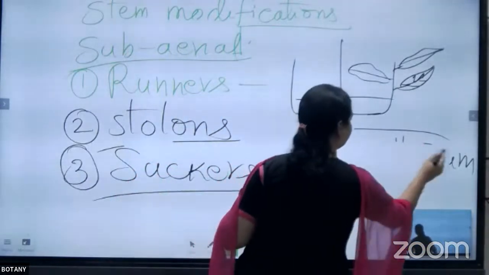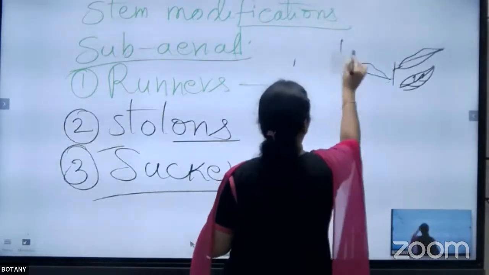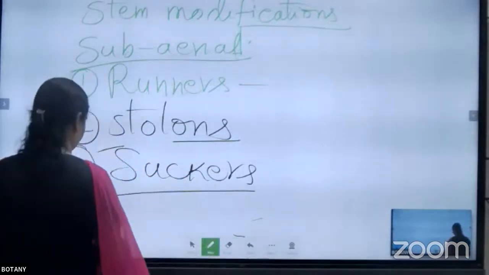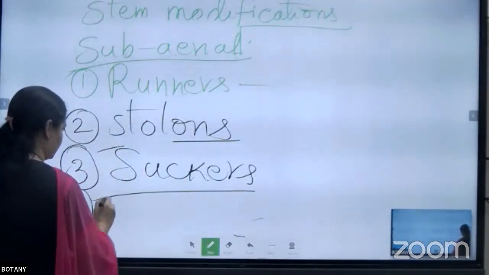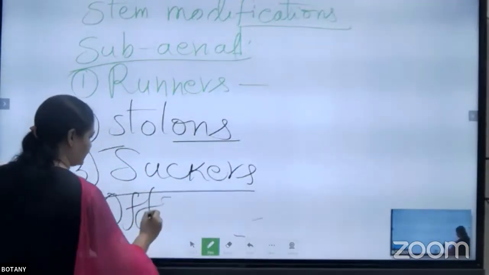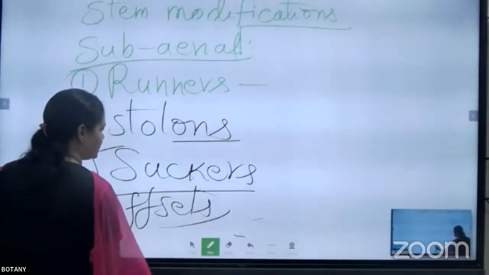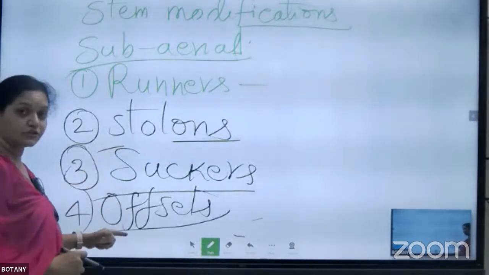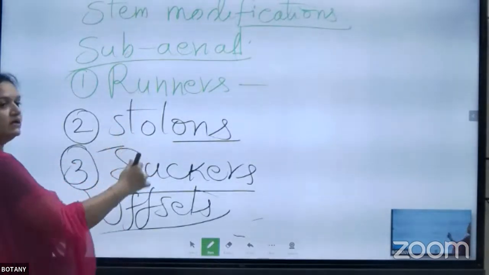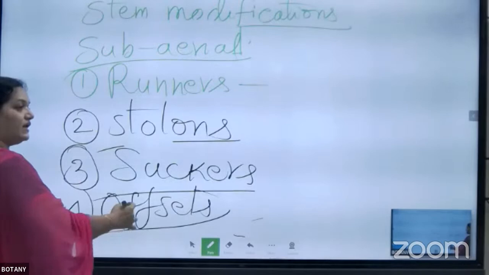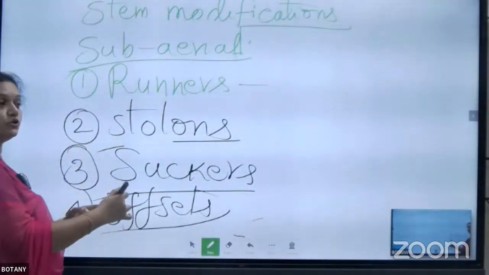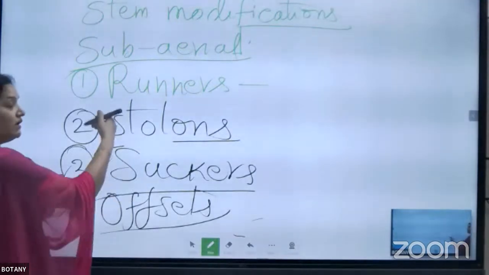The fourth type of subaerial stem modification is offsets. We have to write offset at the last only, not in between the three, because this modification can be seen in the hydrophytic plants, which are not common in each and every category.